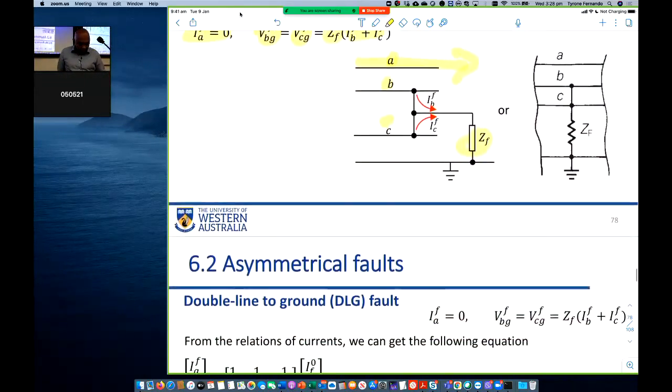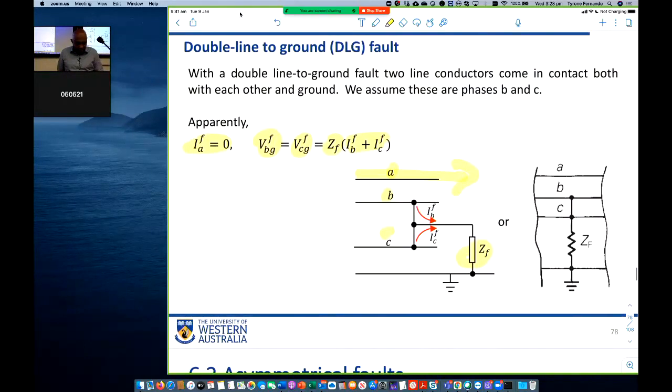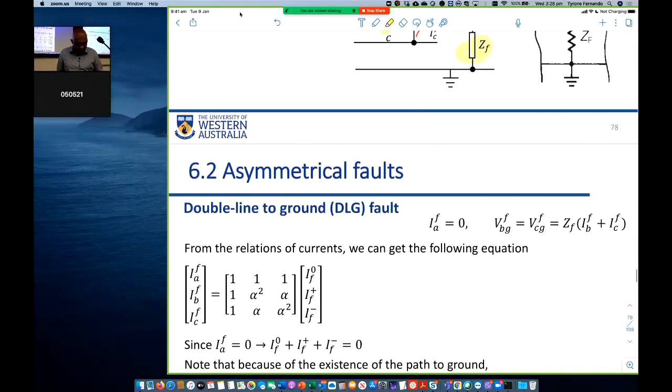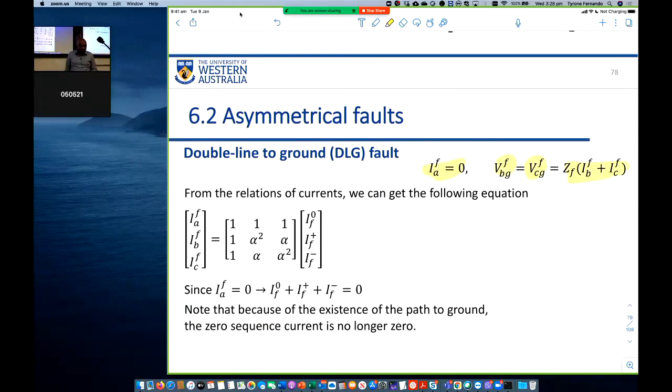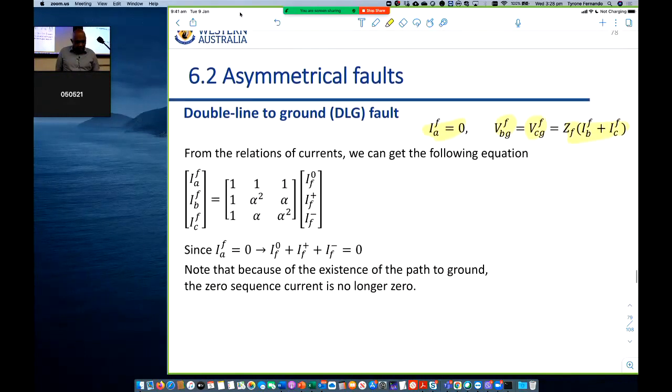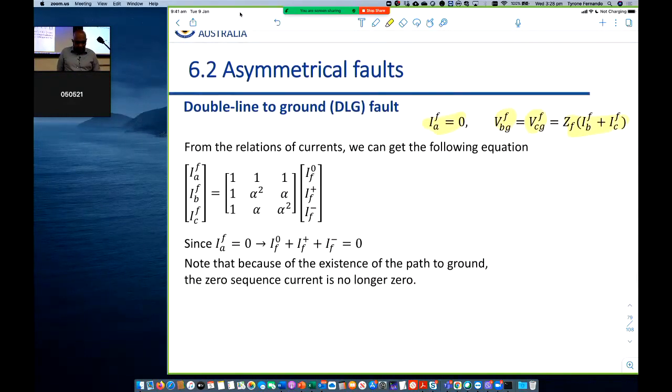So we can then say, okay, we have these two equations I have rewritten here. IAF equals 0, phase B and phase C voltages are the same, and must equal ZF times the sum of the two phase currents. From those relationships of currents, we can get the following equations. So the phase currents on the left relate to the sequence currents on the right.